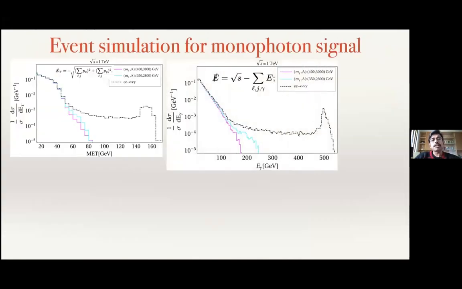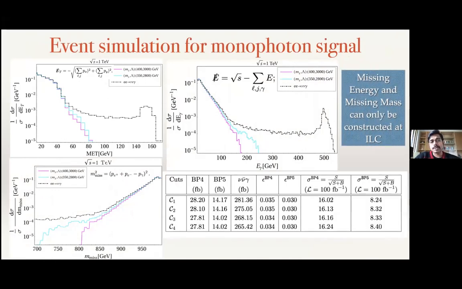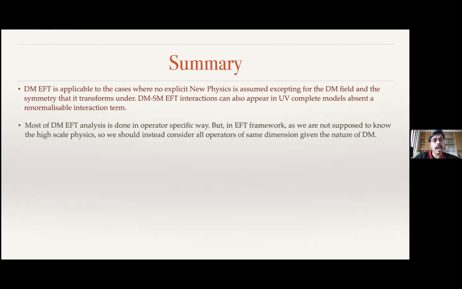And then you proceed through the event simulation, and this proceeds via the usual technique which all the collider physicists know, which I do not, so maybe I will be skipping it, and I will come to my summary. I will first say that DMEFT is basically applicable to the cases where we have no explicit idea of what the new physics is. However, we can also have the EFT interactions when the renormalizable interactions are absent.